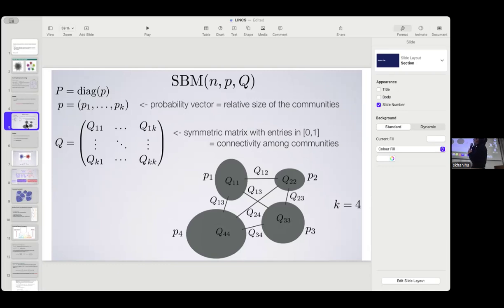And we have some probabilities for connecting the nodes to each other. The probabilities for nodes inside the communities appear on the diagonal of Q, and there are other probabilities for connecting different communities. So this defines a model that contains some communities.